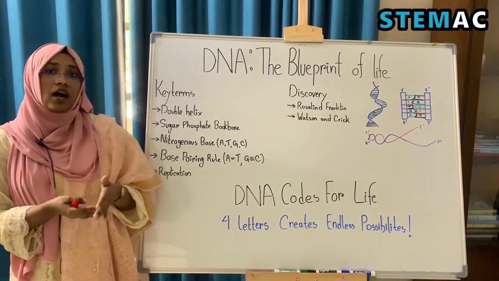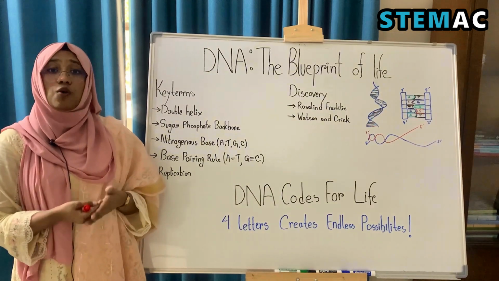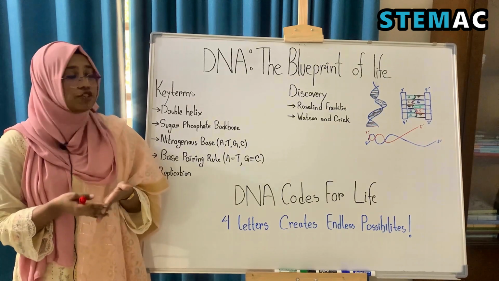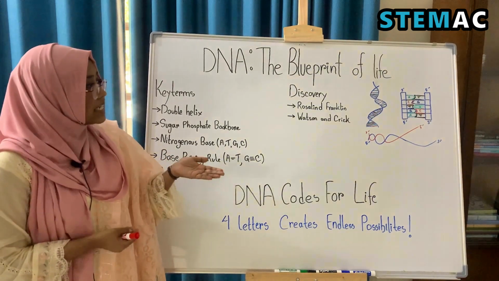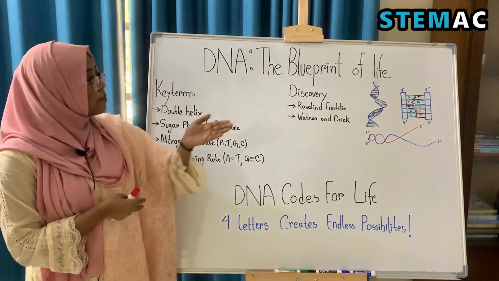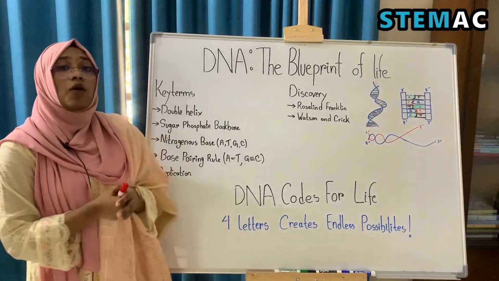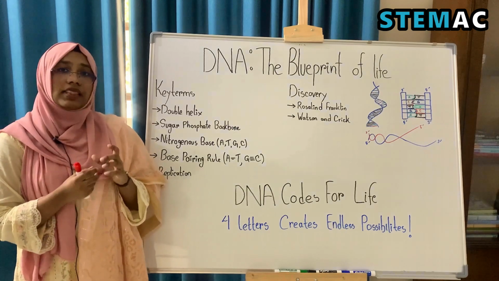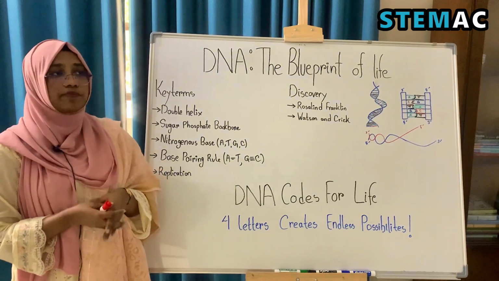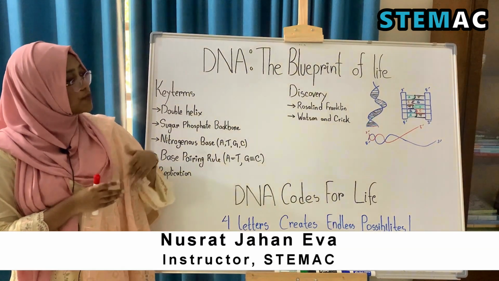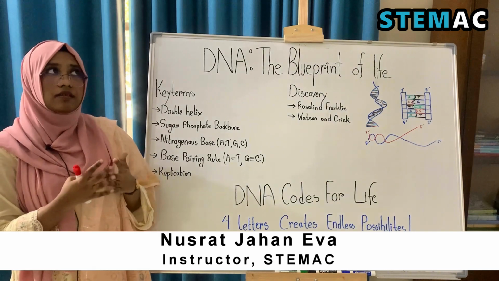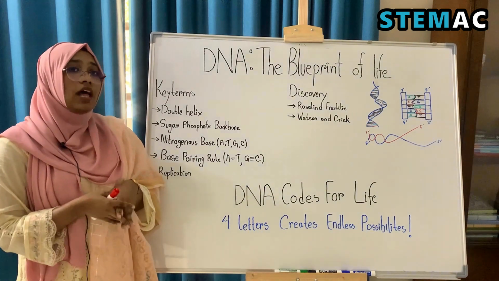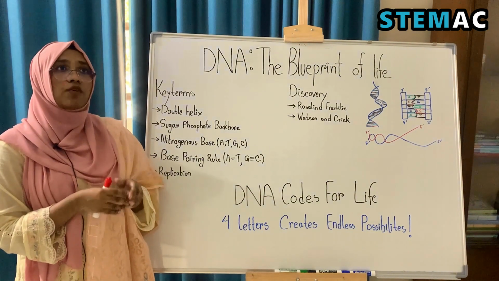Now that we know how DNA was discovered, we need to know what its structure is. From the board, we can see a spiral shape, right? We can think about a spiral staircase or a twisted ladder. That is the structure of DNA. If we imagine that we are looking at a spiral staircase, then we will first think about the railings, right?